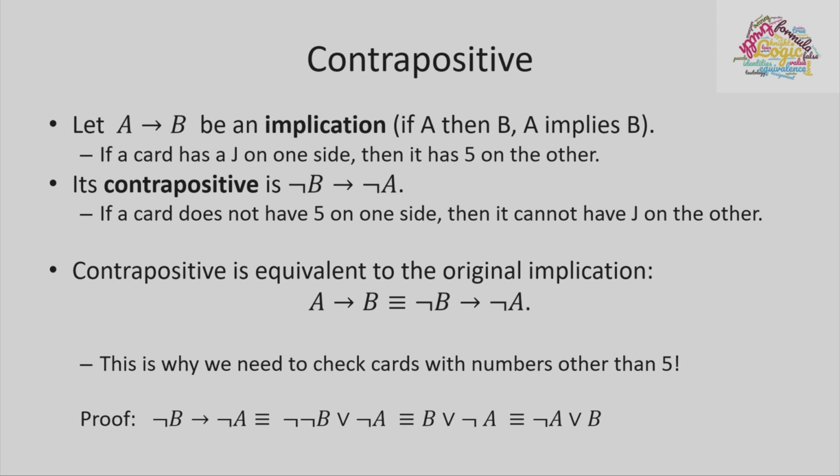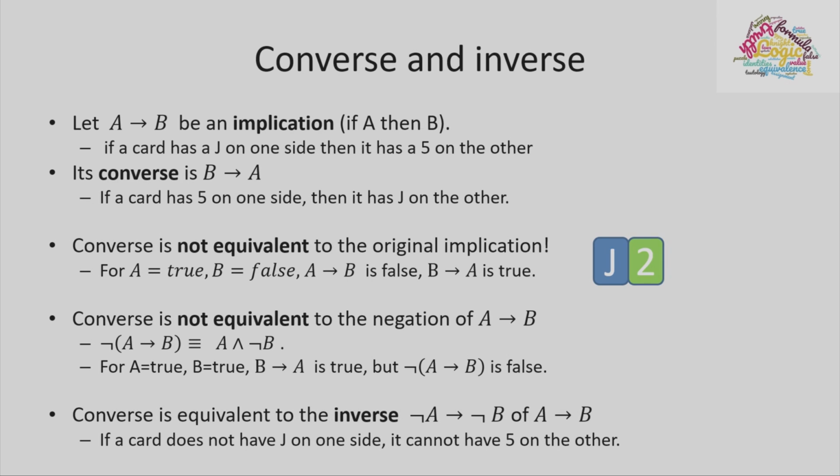Okay, so let's now look at two other ways of writing A's and B's and the arrow between them and negation in various parts. B implies A, if you just reverse the direction of the arrow but you don't put negation in it, is the converse of the original implication.